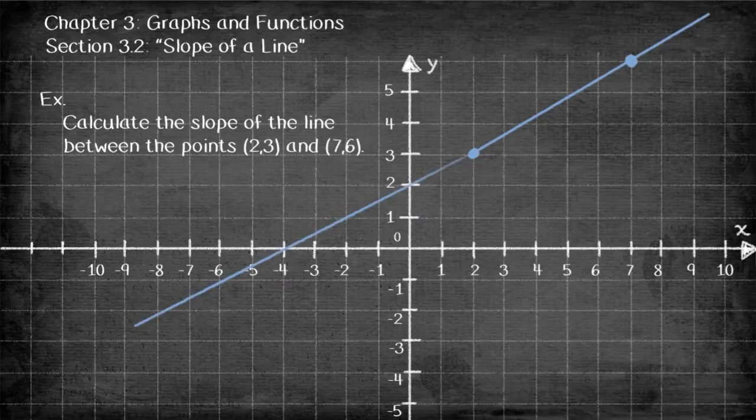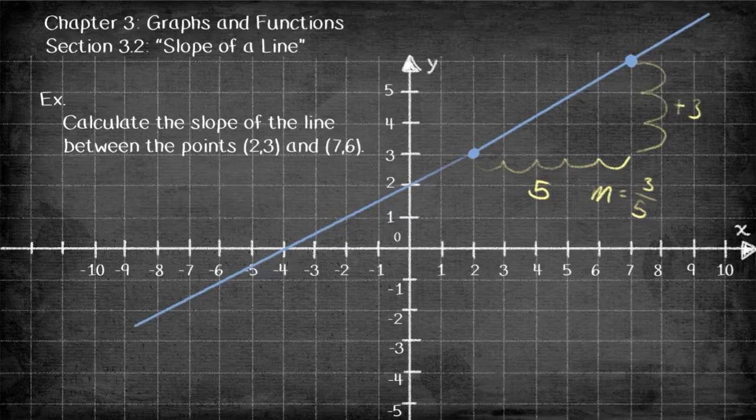Once you draw the line, then you count how far to the right you move, and then you count how far up or down you move as well. And then finally you would get the slope is 3 over 5.